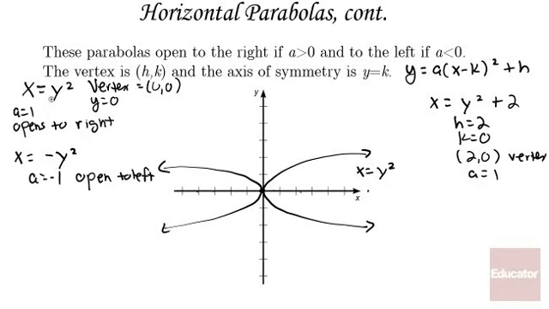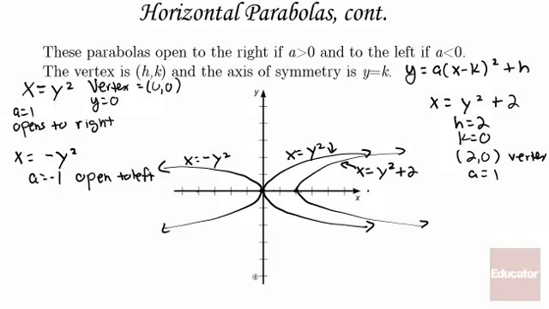Here's my graph of x equals y squared, and over here is x equals negative y squared. Now I'm going to have h equals 2, so that's going to shift horizontally by 2. (2, 0) will be the vertex, and it's going to open to the right. So this is x equals y squared over here, and this is actually x equals y squared plus 2 now, right here.